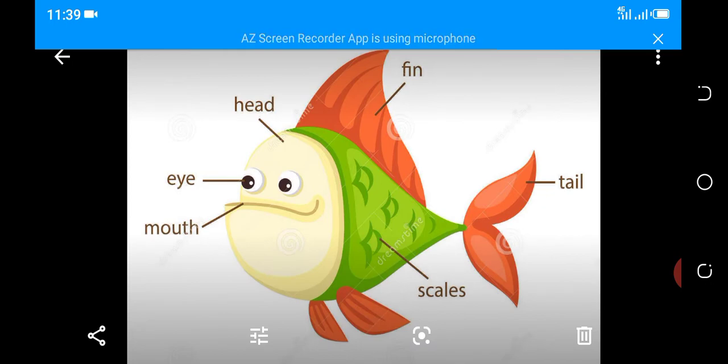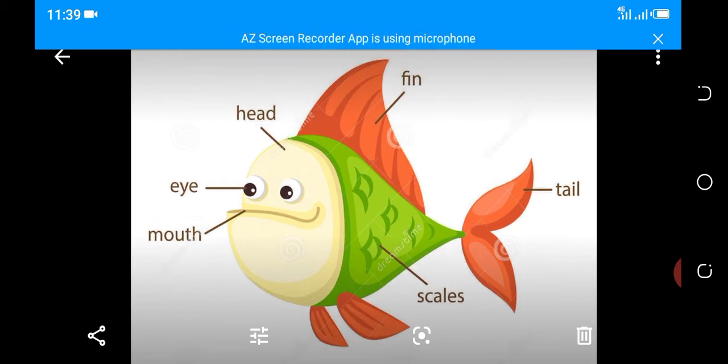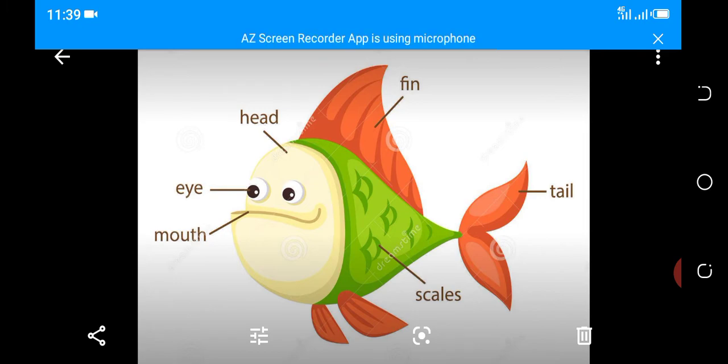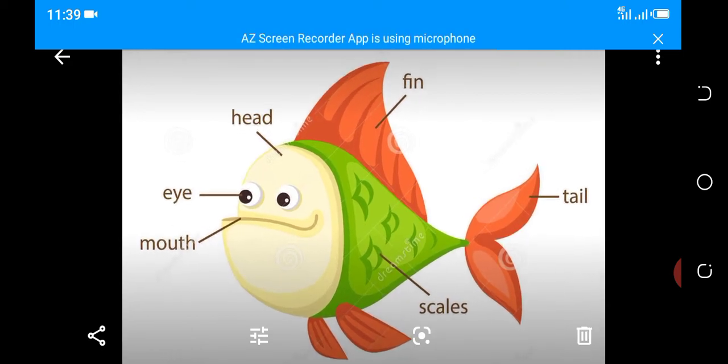Most fish lay eggs, and a few fish such as guppies or mollies and some sharks give birth to their young alive. So the common characteristics in the group of fish: number 1, they have fins to swim. Number 2, they have scales to protect their body.